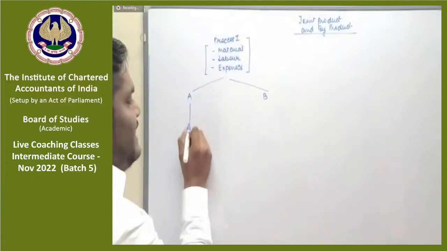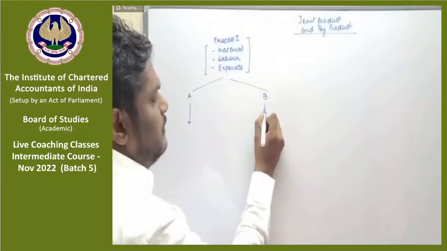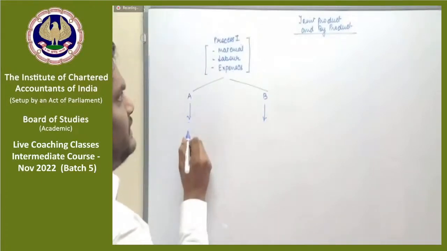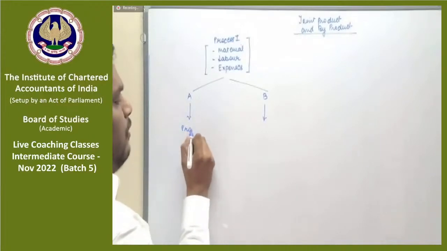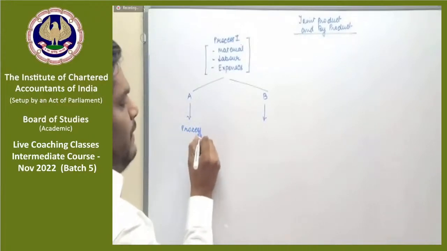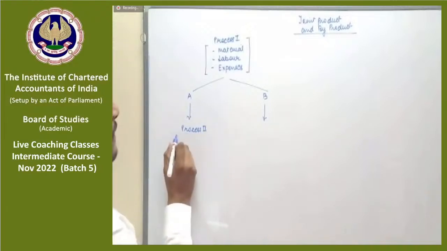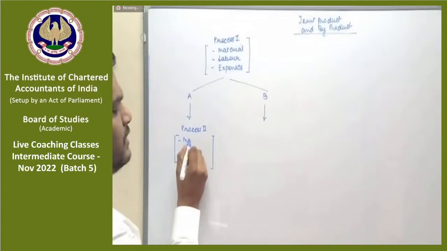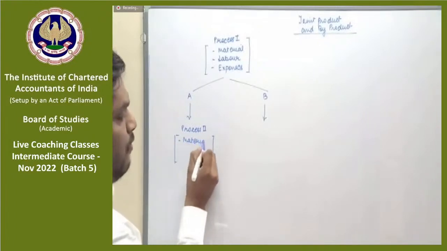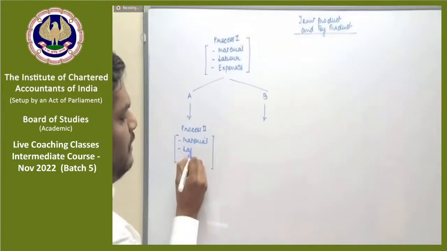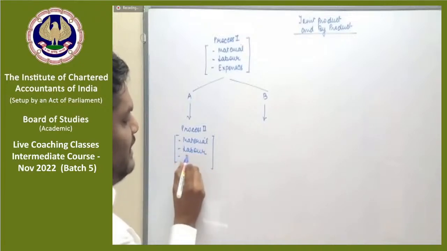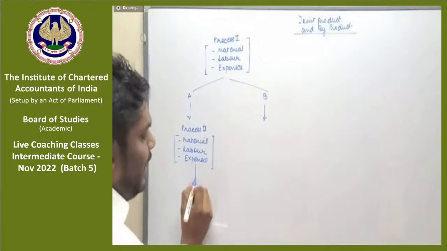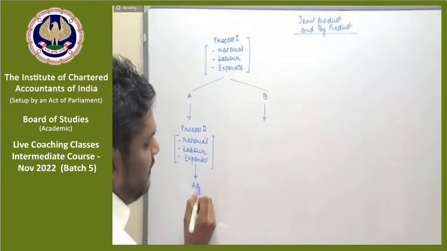Now this A is further processed in process second, wherein further separate material cost is incurred, labor cost is incurred, and other expenses are incurred to get the final product, that is AA.